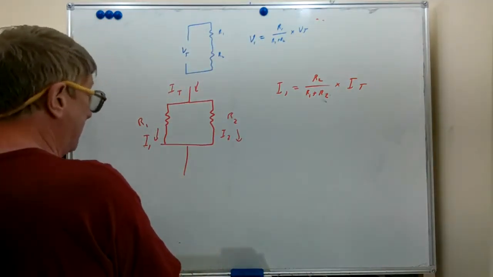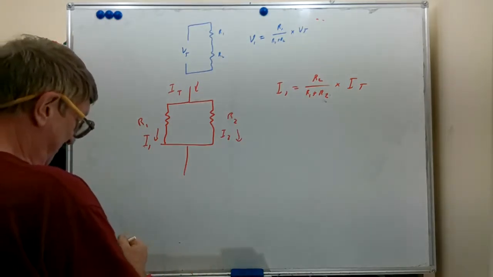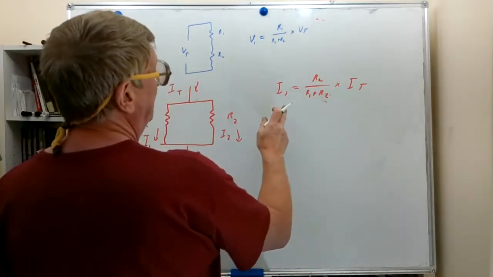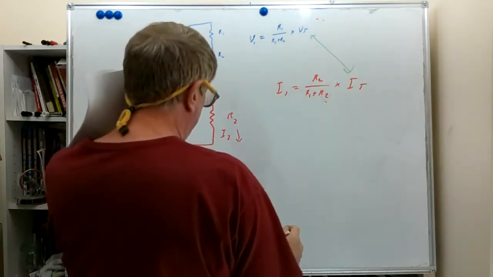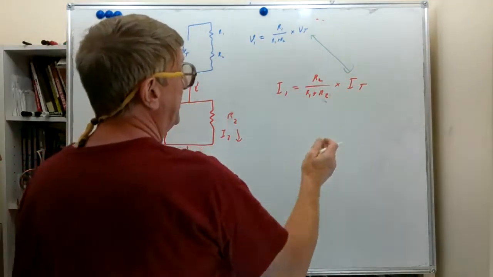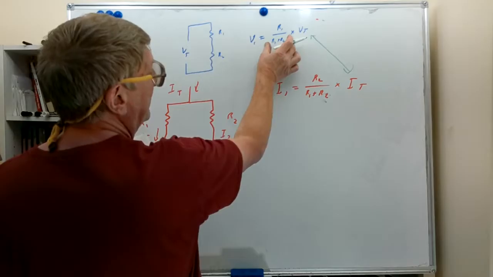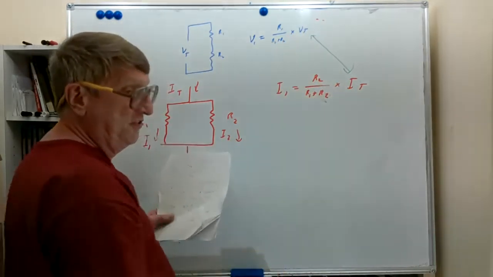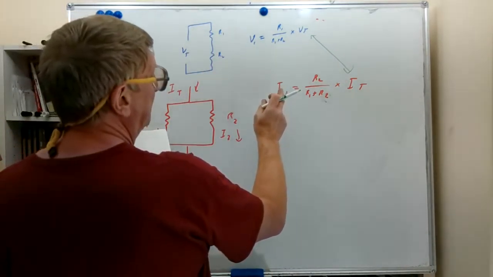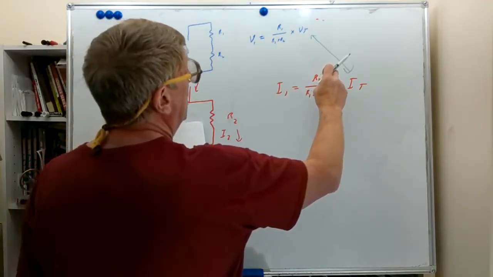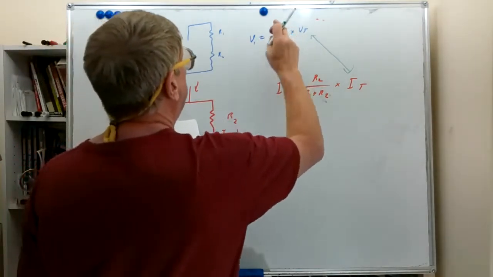And you can see some corollaries: instead of current, we're using voltage total in the voltage divider, and in the current divider we use current total. And you notice that we have the total resistance, or the sum of the two resistors, in the denominators of both of them. The main difference is that to find I1, we put the value of R2 in the numerator. To find V1, we put the value of R1 in the numerator.